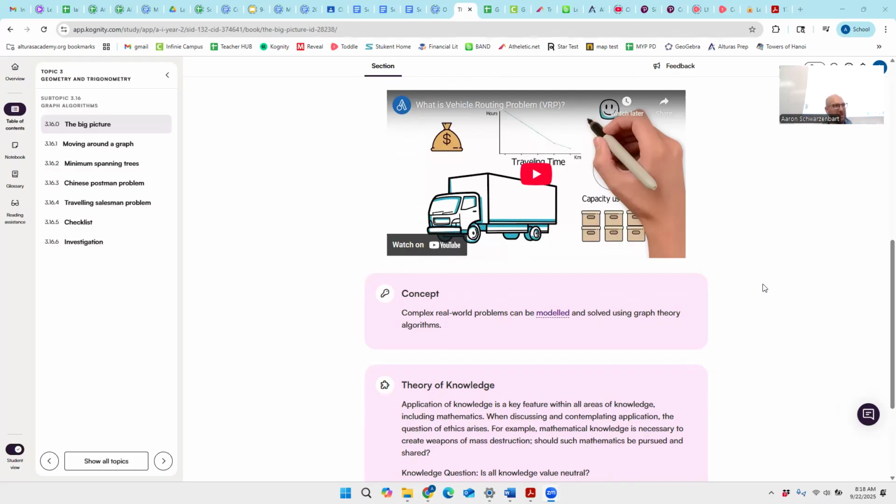So they've programmed things that take into account all these constraints. Complex real-world problems can be modeled and solved using graph theory. Good news for you, you will not be solving anything nearly as complicated as the computers.